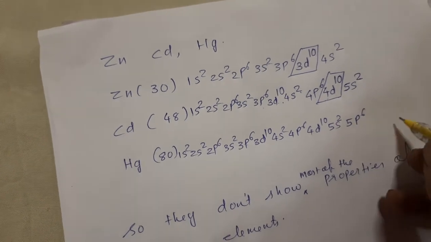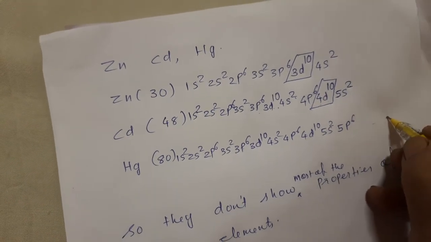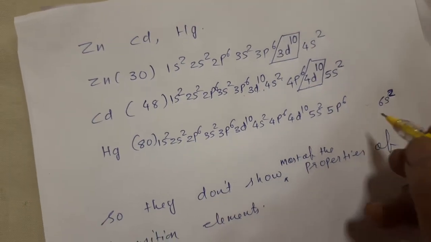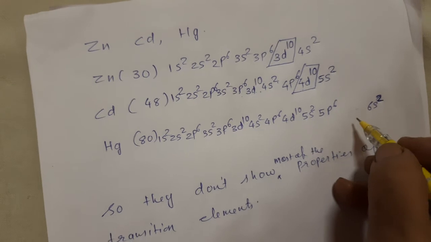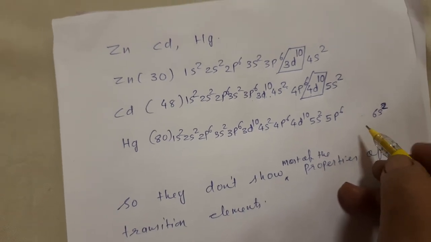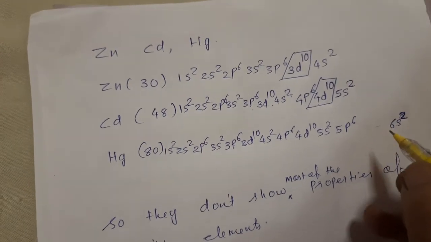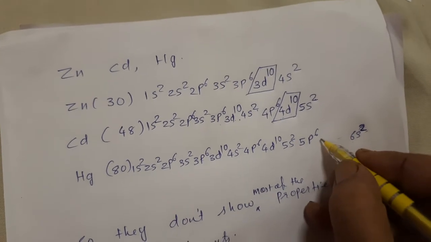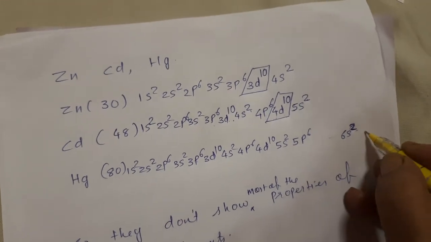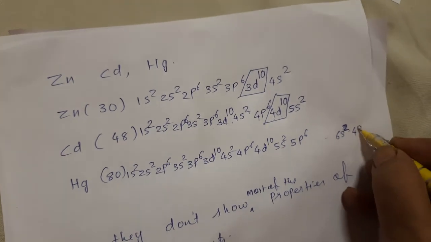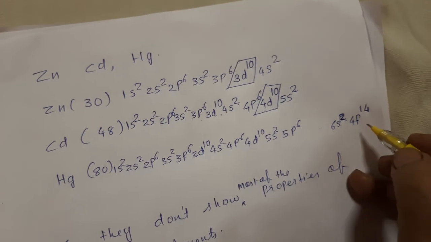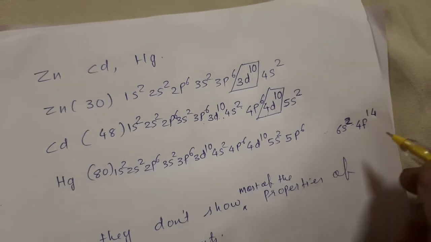After 5p6 we will go to 6s2. Did you notice? 6s2. After 6s2, what comes? Remember the Aufbau principle, how it is filled. Then 4f is filled. After 6s we will go to 4f. So 6s2, and if I write 4f14 here, correct? After 4f14 we will go to 5d.